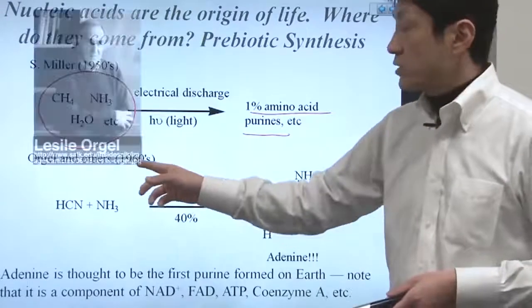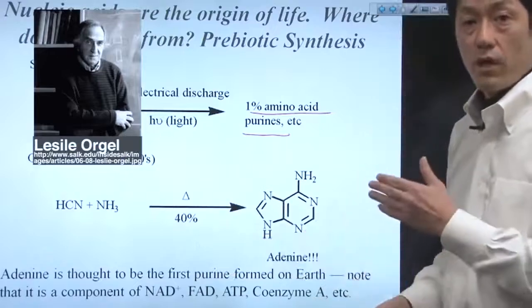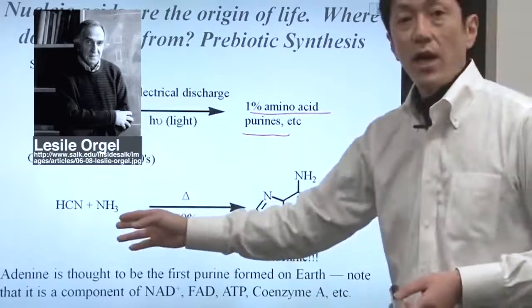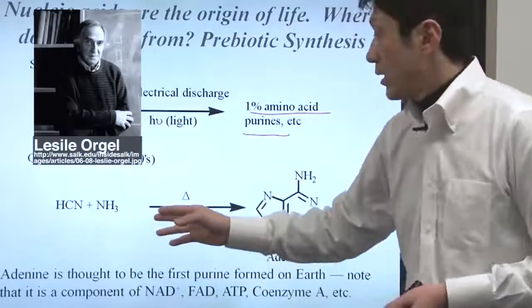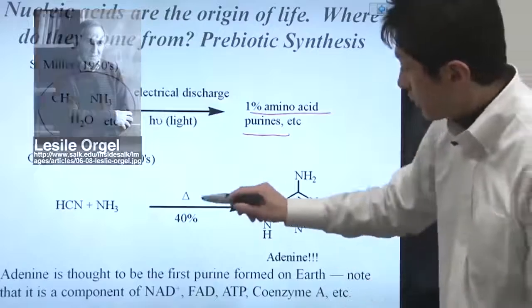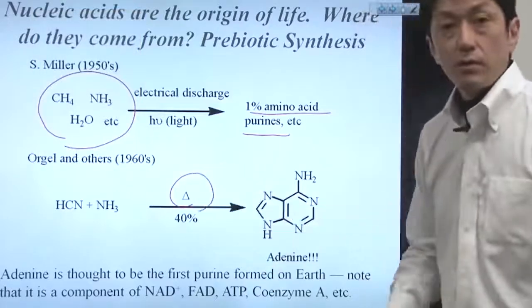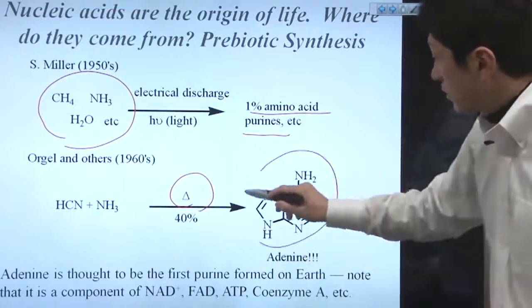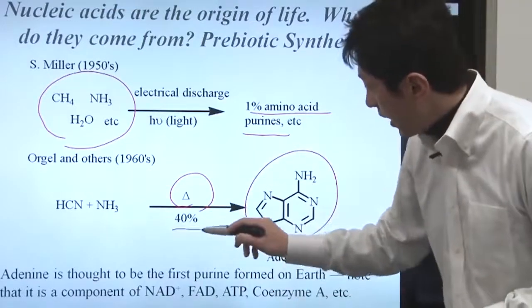In the 1960s, Dr. Oro and others mixed water with hydrogen cyanide and ammonia and heated the sample, simple heating here. Then he got adenine with pretty high yield.